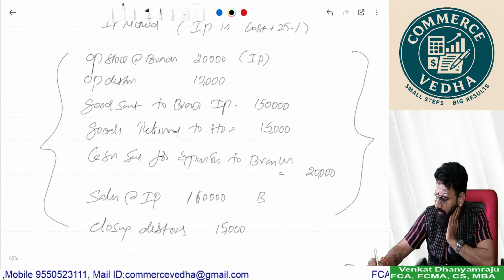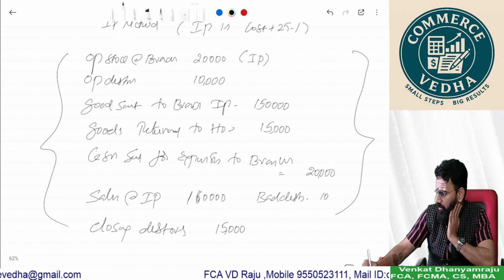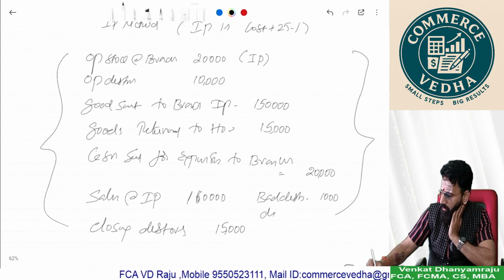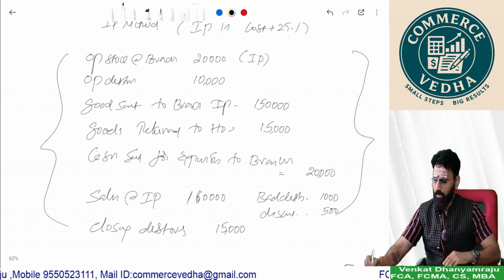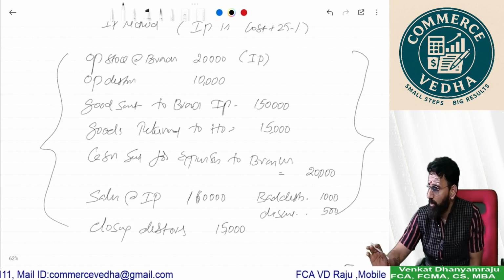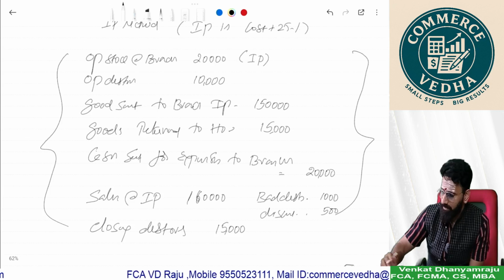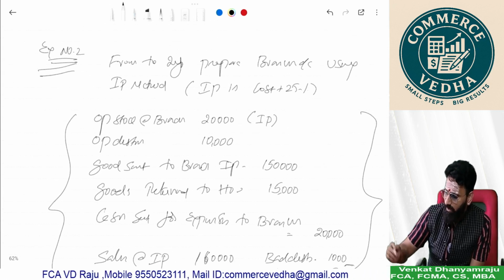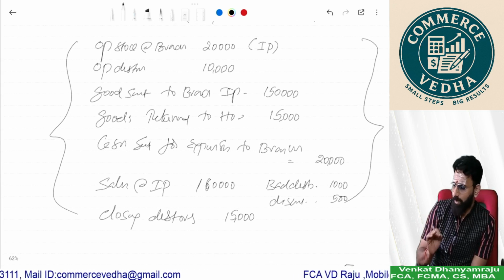And bad debts 1,000, discount 500. This information I have given to prepare using which method? Invoice price method. This is the illustration I gave. We need to prepare the branch account using the invoice price method.